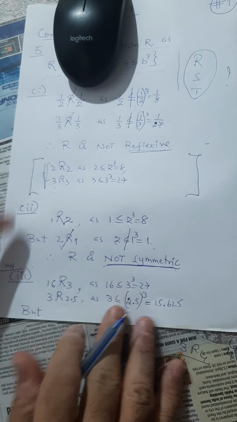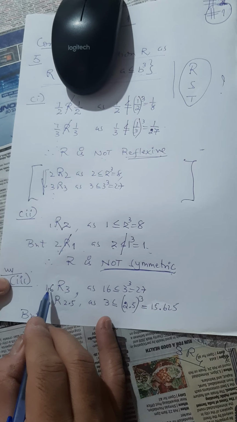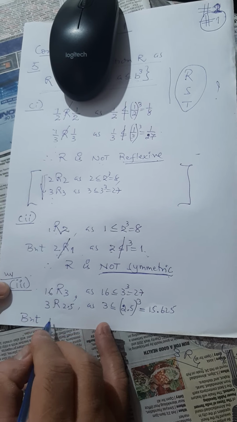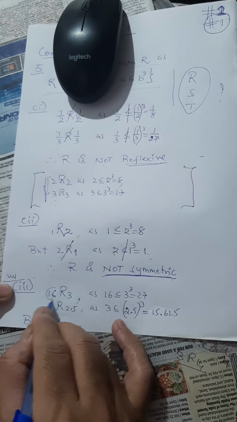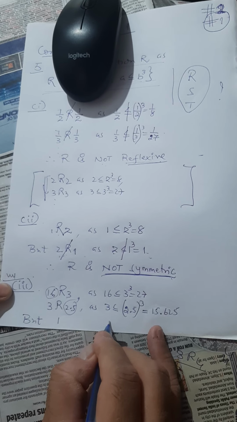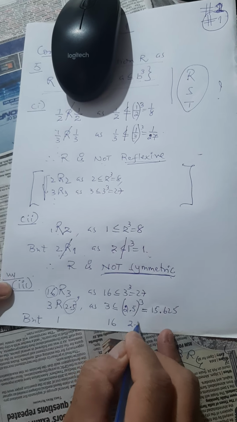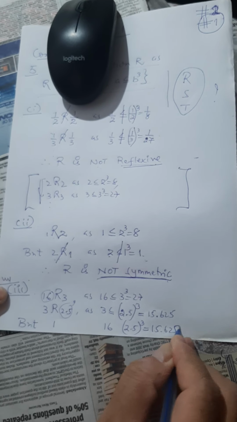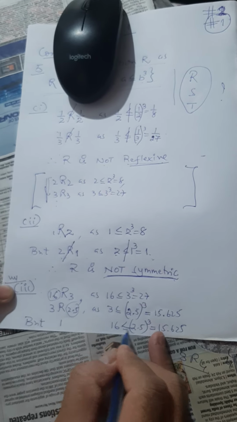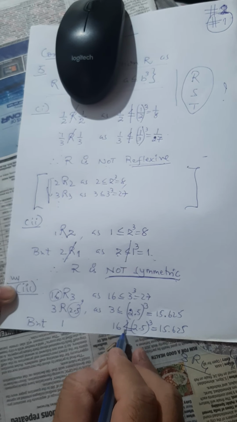Now in the transitive property, you check this for this. So if I take 16 and 2.5 the whole cube, which is 15.625, you know that this is not less than or equal to this.